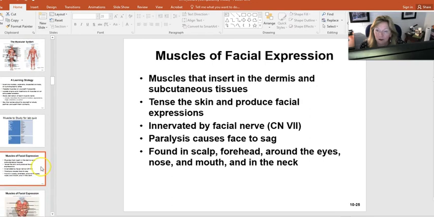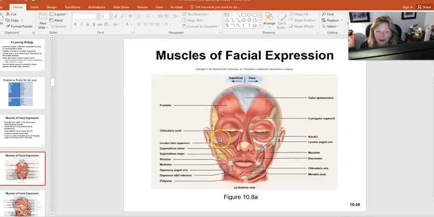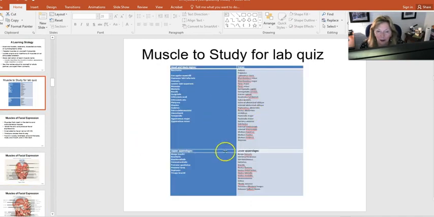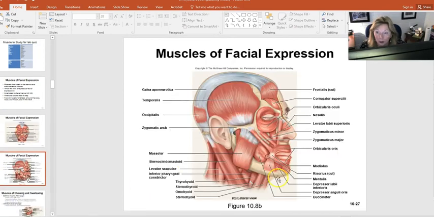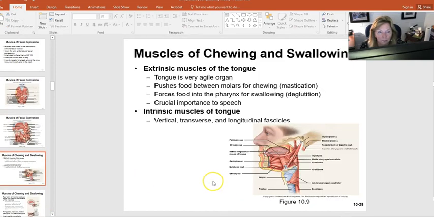Now, much of the rest of this chapter is really just showing you lots of pictures of these bones. Again, I would maybe print this out so that you would know which ones you are responsible for. Looking at them from different aspects, from anterior to lateral aspects, is going to be really important for you to do.